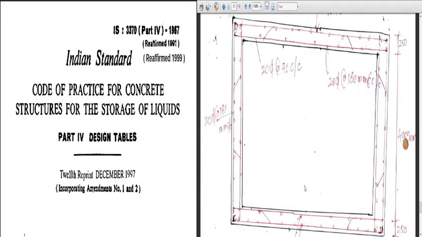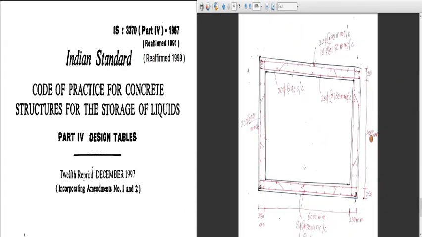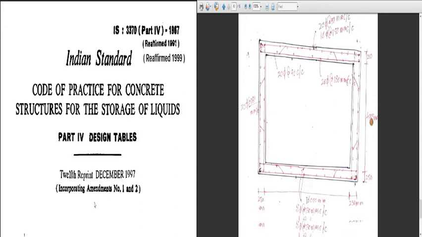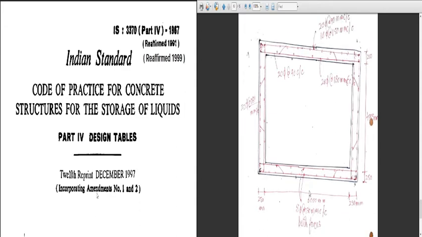Now let us see the reinforcement. So you can see here, this is the cross section of the wall. This is the long wall. This is the short wall. You can see these bars are of 20 diameter at 90 center to center, and 16 at 150 center to center.